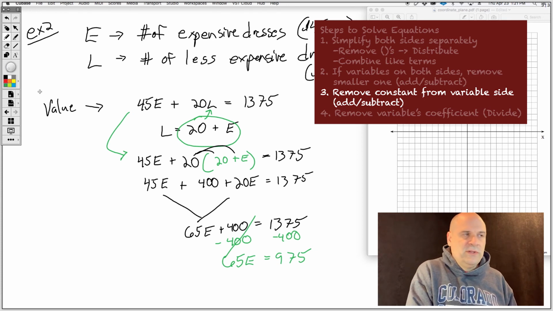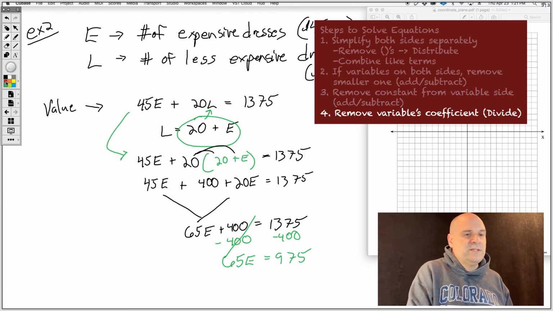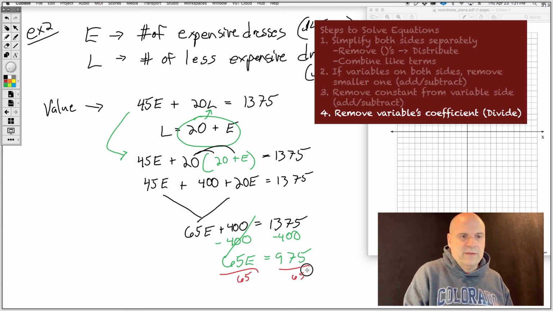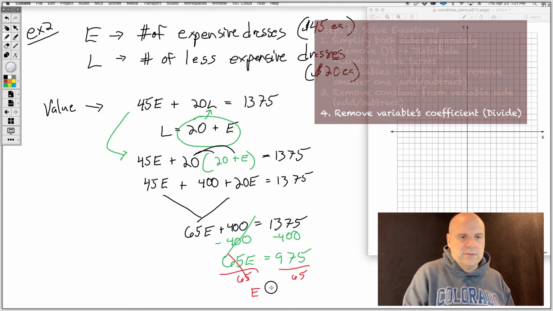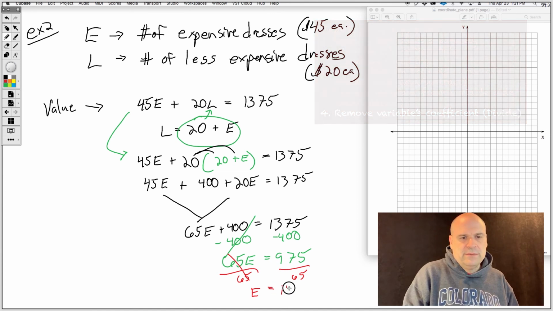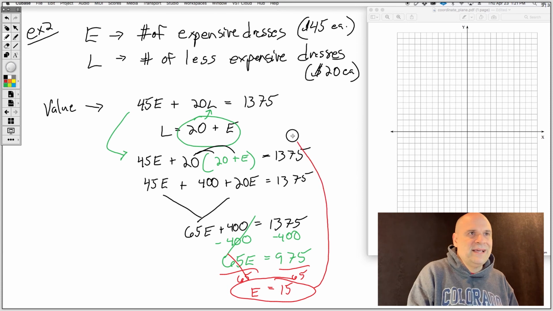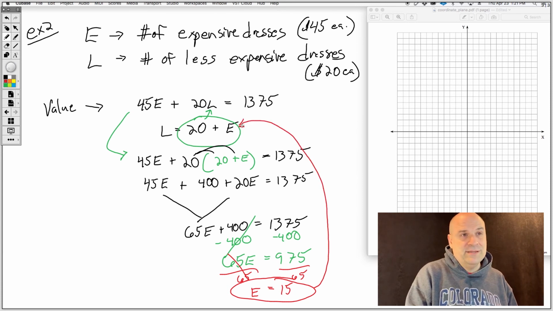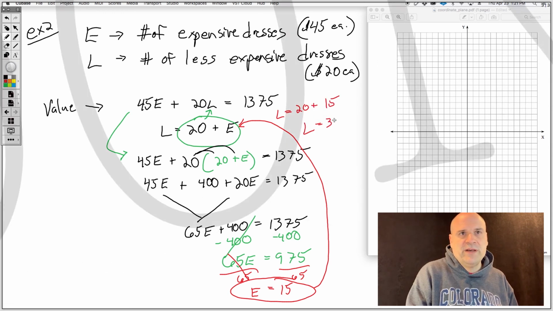Divide both sides by the variable's coefficient. That's step 4. So divide by 65, and E equals 15. If E equals 15, how do you figure out what L is? Well, L is 20 plus whatever E is. So L equals 20 plus 15, so L equals 35.